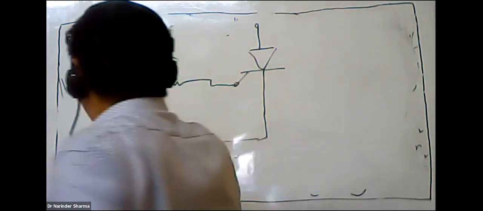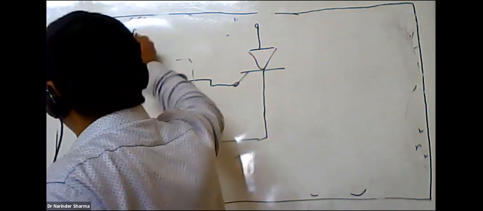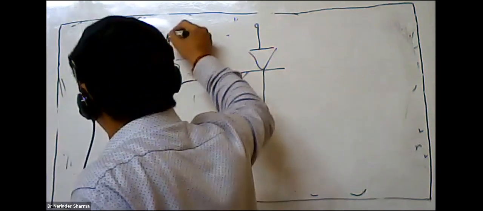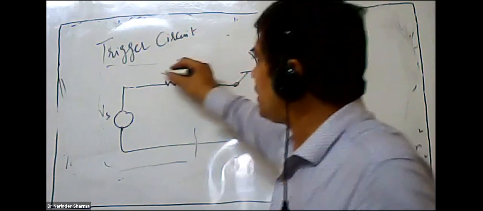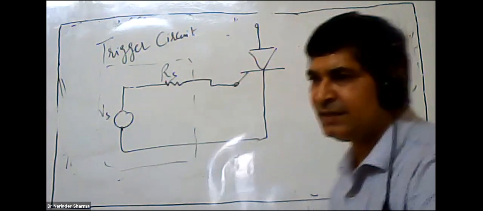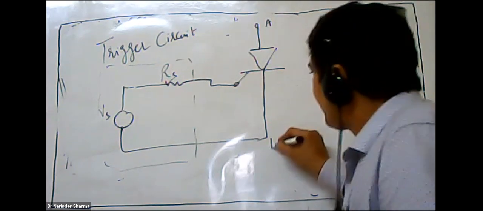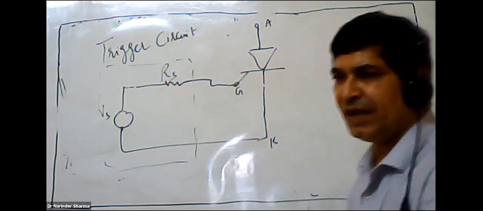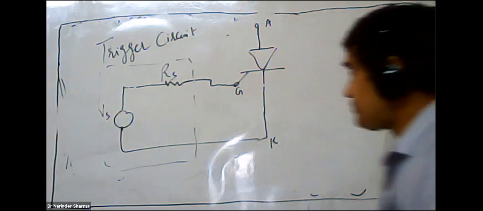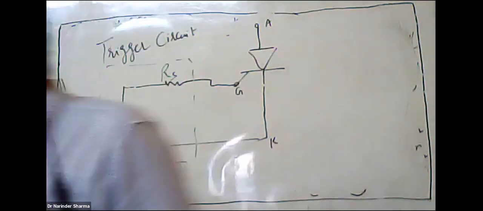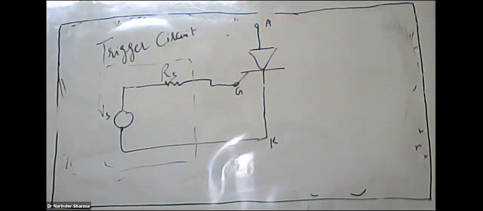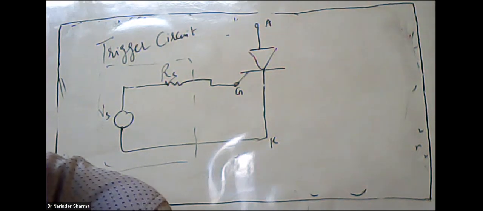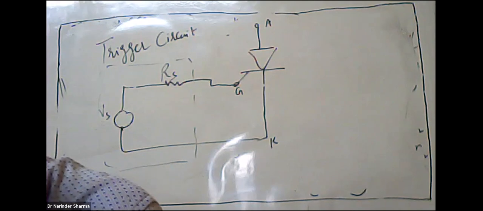So this would be your trigger circuit. This is your voltage and this is your resistance, and there is anode, cathode, gate. By using this triggering method, we can also study the gate characteristics of the thyristor.